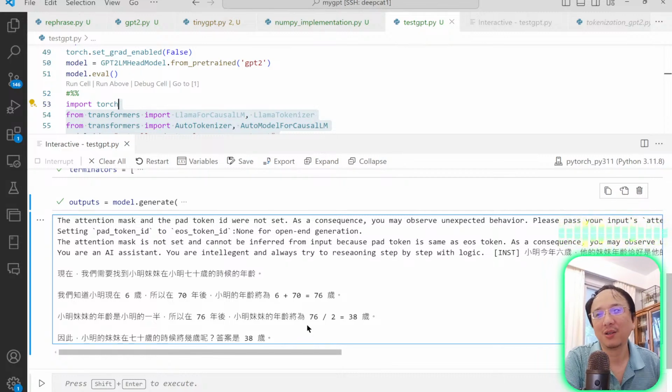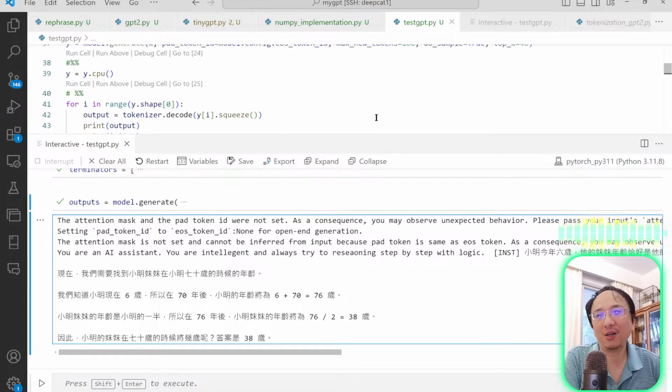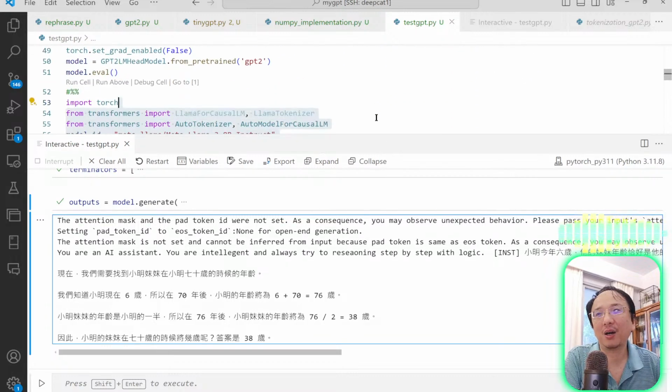It's plainly wrong. If you are assuming it is 70 years after, why are you changing it to 76 years? It makes no sense at all. Okay, it is a fail.